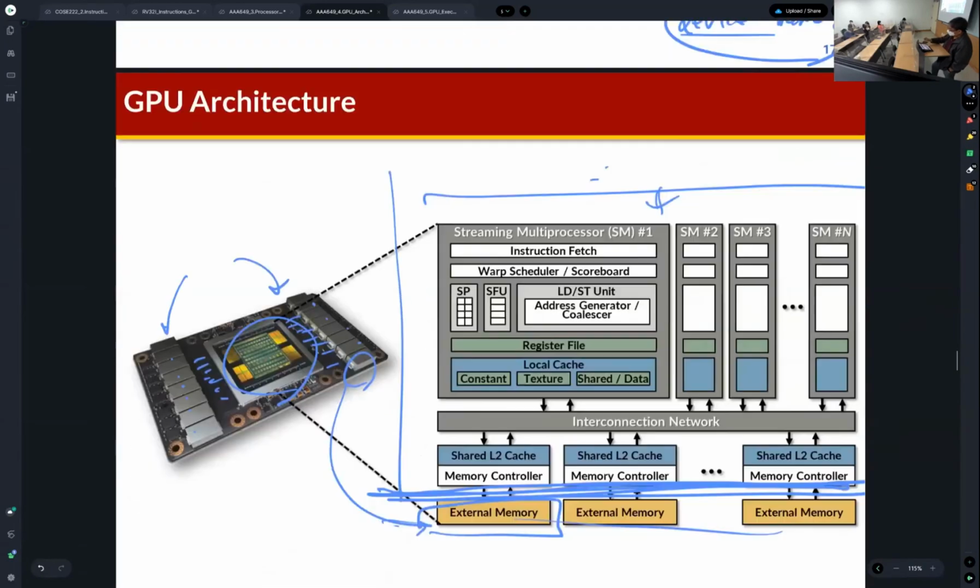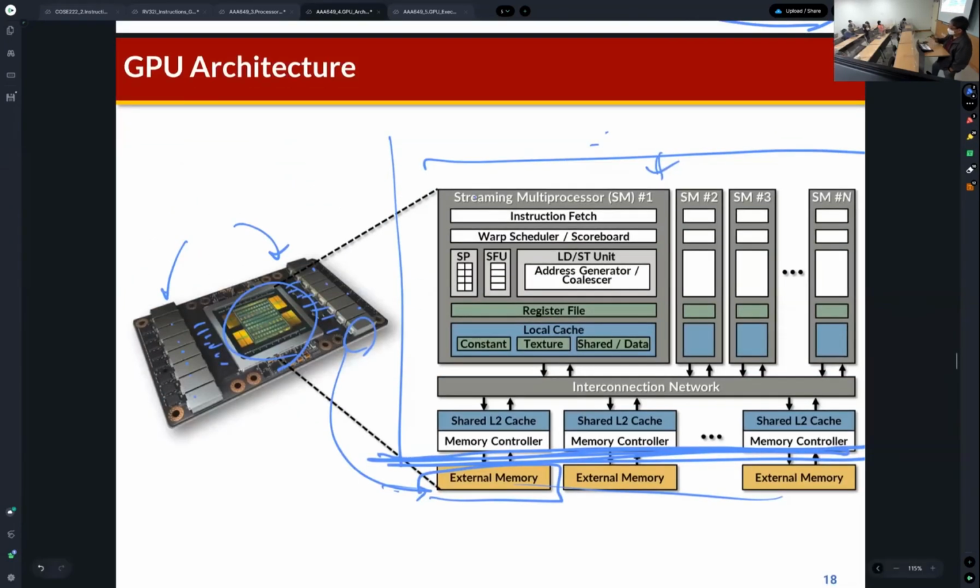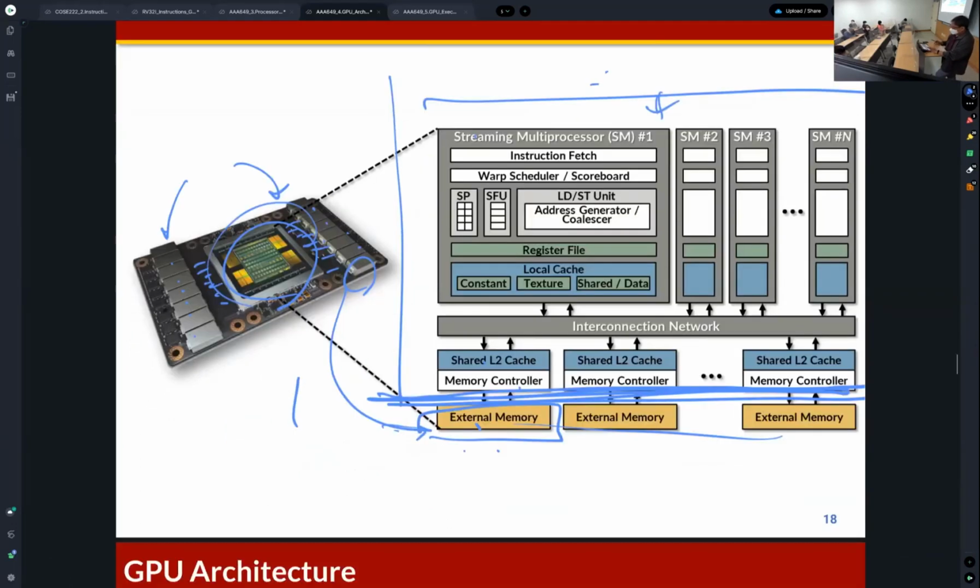The GPU chip includes the streaming multiprocessors, the shared L2 cache, and the memory controllers. Then the external DRAMs are connected outside of the GPU. That's why device memory is the external memory.